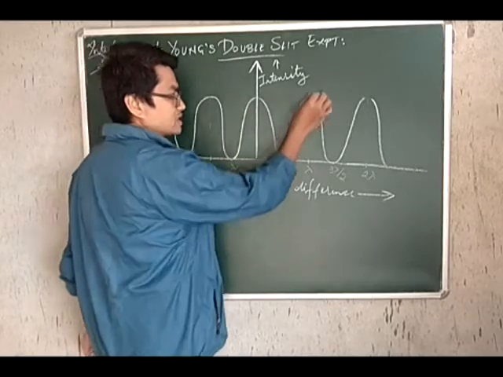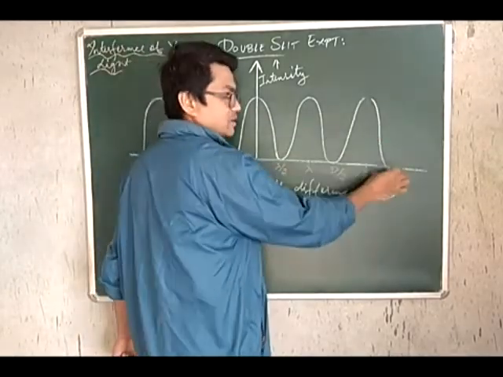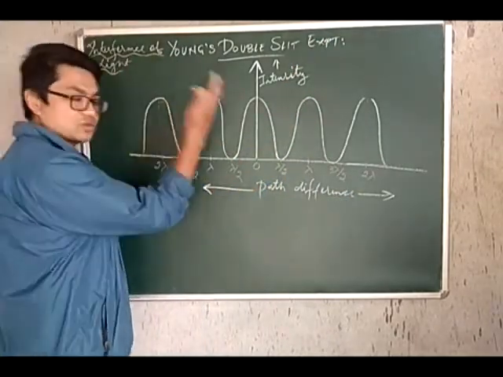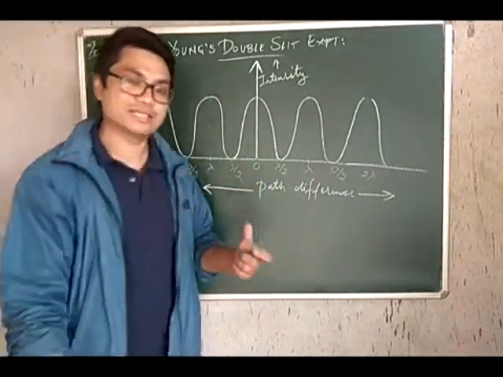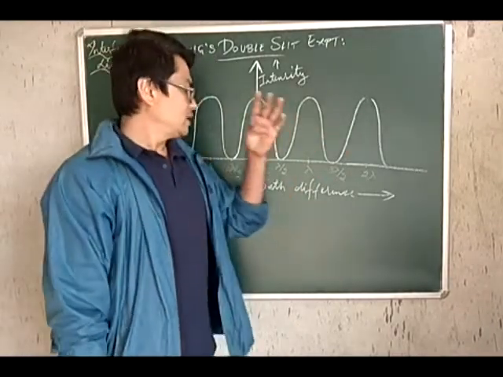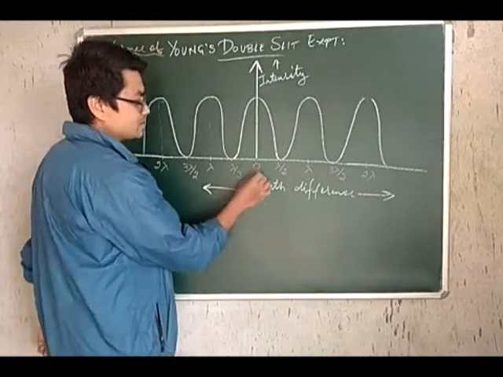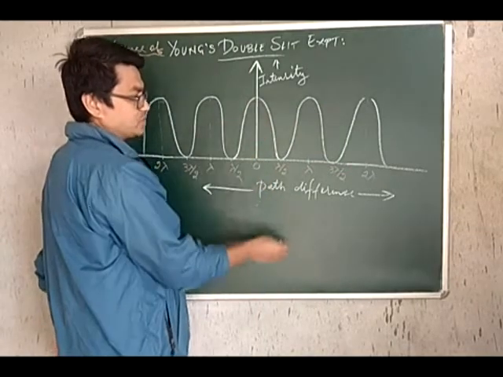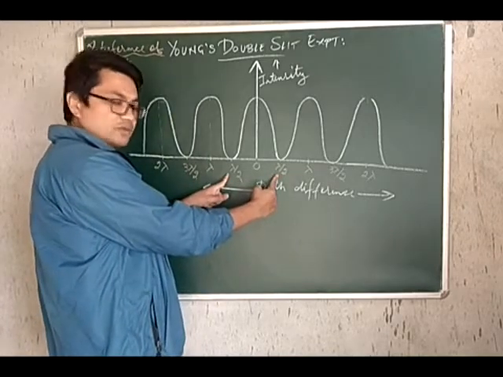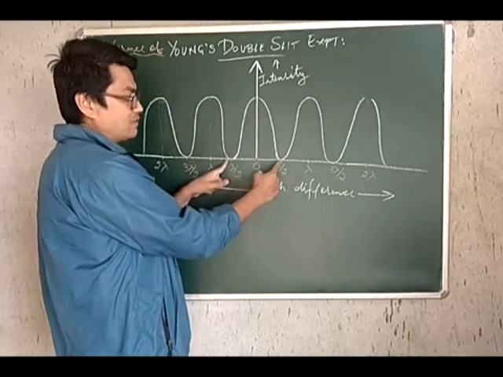This is the first bright fringe, this is the second bright fringe on one half, and this is the first and second bright fringe on the other side of the interference pattern. So path difference 0 means the central bright fringe, and path difference lambda by 2 on either side of the central maximum we have a dark fringe.